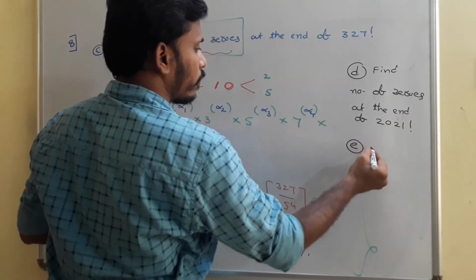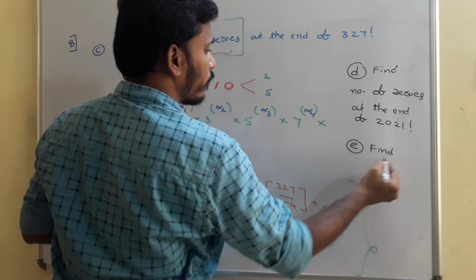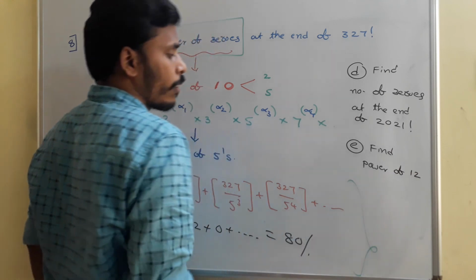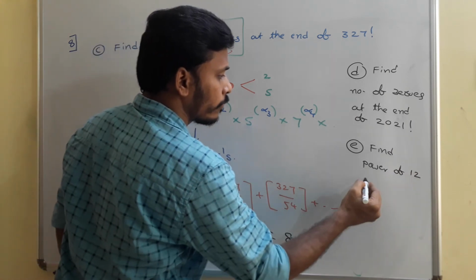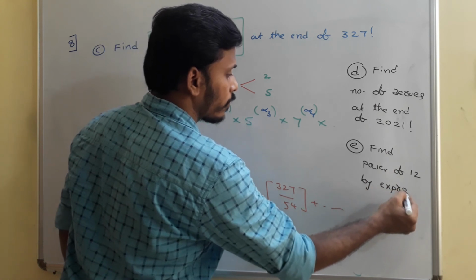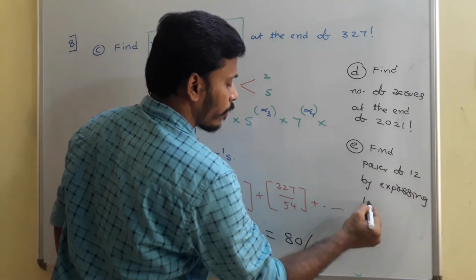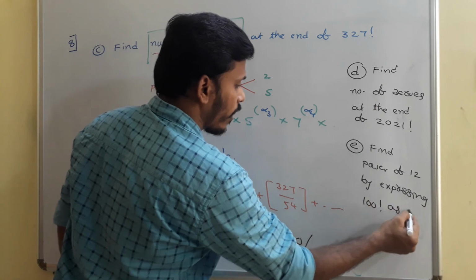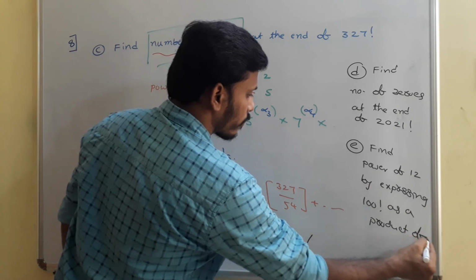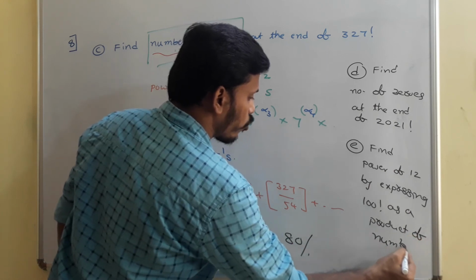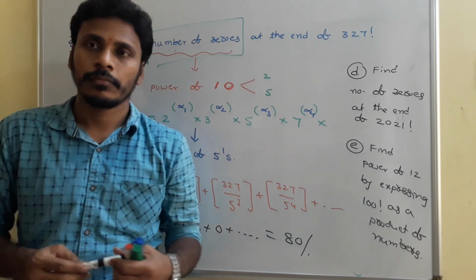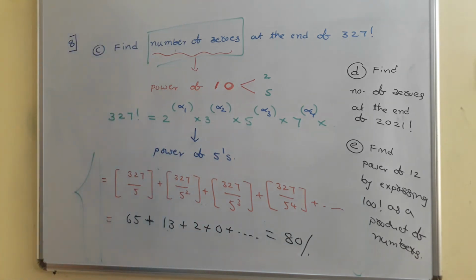E: Find the power of 12 by expressing hundred factorial as a product of numbers. Just look, I am asking you to find the power of 12. Those two problems you need to solve.